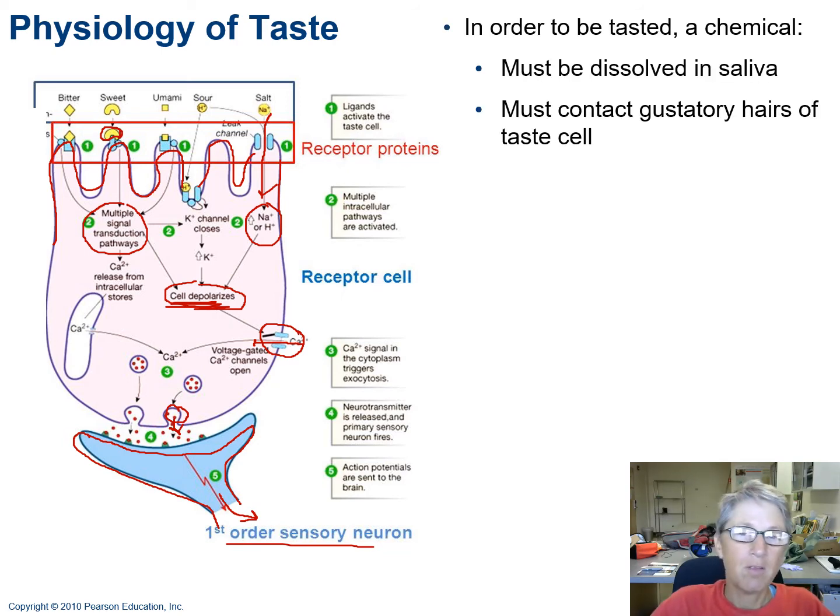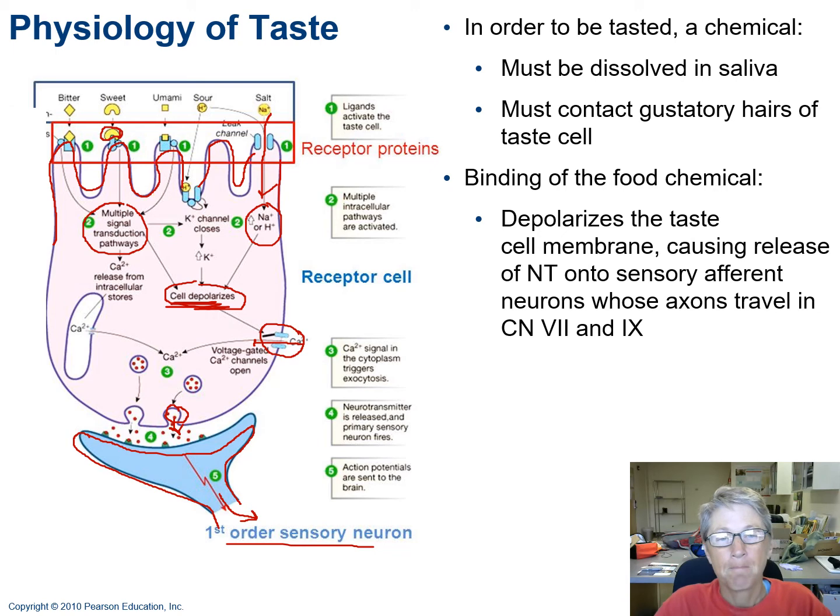So we talked about this. In order to be tasted, a chemical has to be dissolved in saliva. It has to contact the gustatory hairs. But basically, the binding of the food chemical will depolarize the taste cell membrane, causing release of a neurotransmitter. That's down here. The neurotransmitter is released onto a sensory afferent neuron, so right here. And then those axons will travel in cranial nerve 7 and cranial nerve 9.